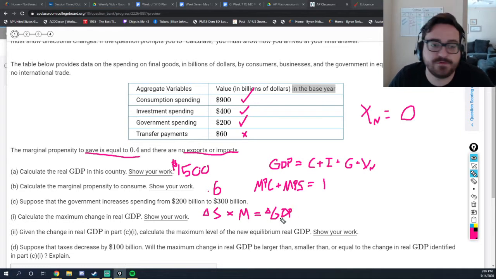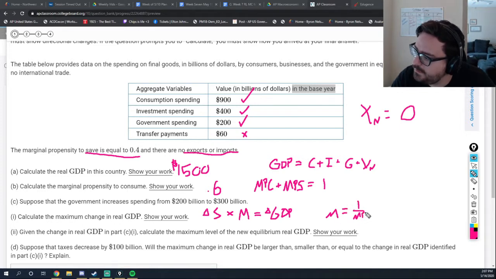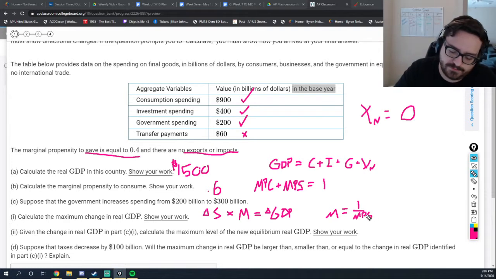I am solving for the change in GDP here because it asked for the change in real GDP. That's nominal or real, it doesn't matter here because I used real up here. My change in spending was 100 billion, I already have that, right? My multiplier is 1 over the MPS, and 1 over MPS in this case is 1 over 0.4. And if you're not that good at math, it's okay.